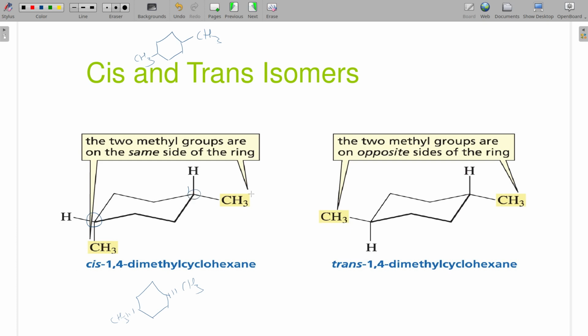At the 1 position, our methyl is going down, and on this one, up and down, down still means down. Over here on this one, I have up versus down. So I would actually redraw this nice and flat with a wedge for up and a dash for down.